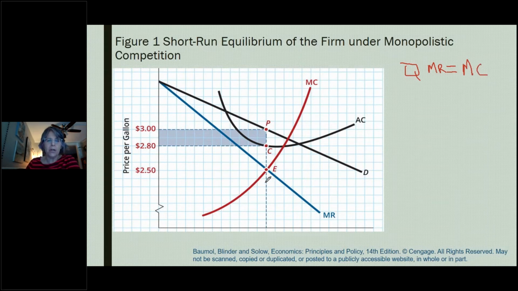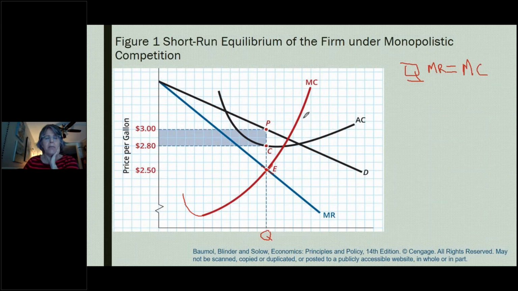This graph looks a lot like the monopolist. We have a downward sloping demand curve. We have a marginal revenue curve that bisects it, comes in between. We have our Nike-shaped marginal cost curve, and we have a bowed average cost curve. So first we'll find our Q, where marginal revenue equals marginal cost, and that is right here. That's going to come down and bring us this Q right here. So that's how we determine our Q, where marginal revenue equals marginal cost.